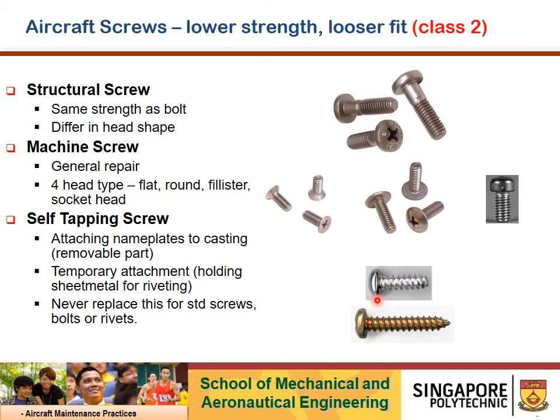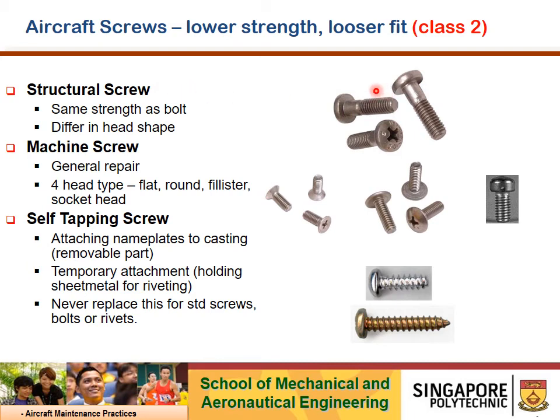Aircraft screws. Commonly used threaded fastener. Okay, they have lower material strength, a looser thread fit, head shapes formed to engage screwdrivers, and the shank may be threaded along its entire length as shown here. They are classified into three groups: structural screws, machine screws, and self-tapping screws.